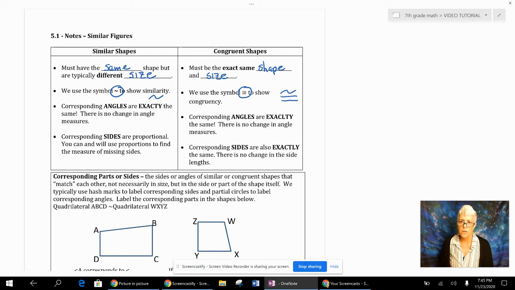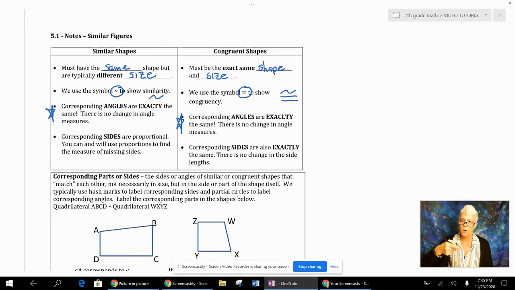They have to be for it to be a square. Now, this is super important to remember. So looking back at our notes, corresponding angles, I'm going to put a star right here, are exactly the same size. And for congruent, corresponding angles are also exactly the same size. This is a simple idea, and you're going to see it again and again. So try to stick it in your head.